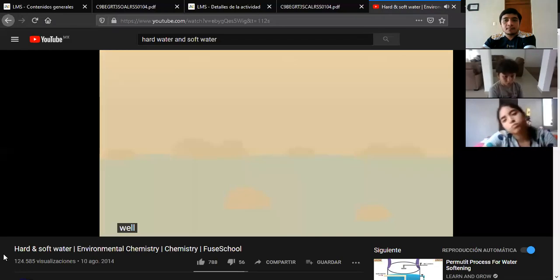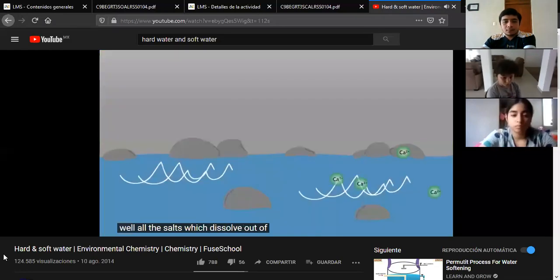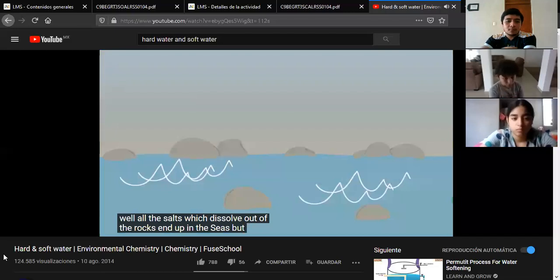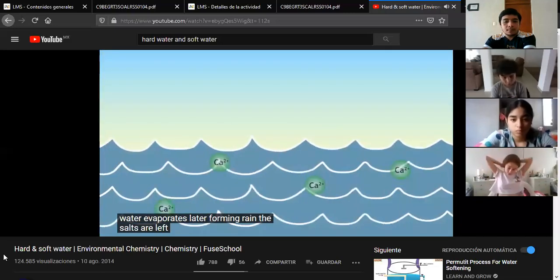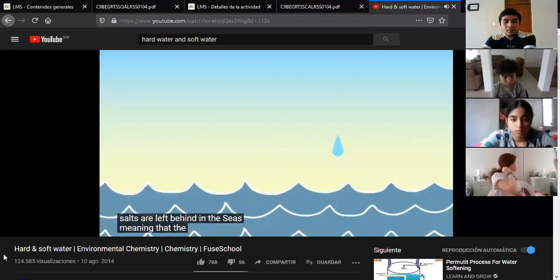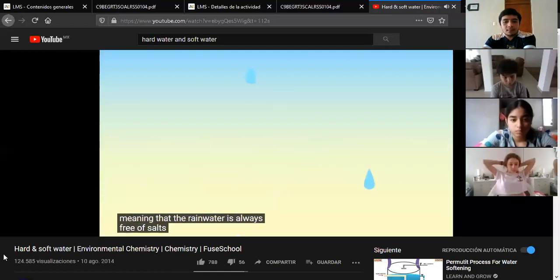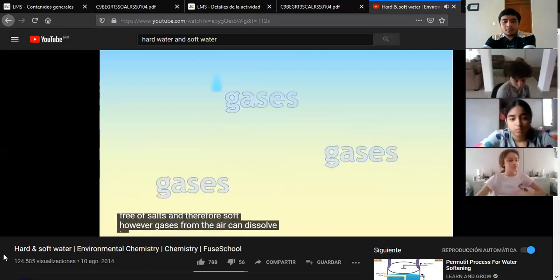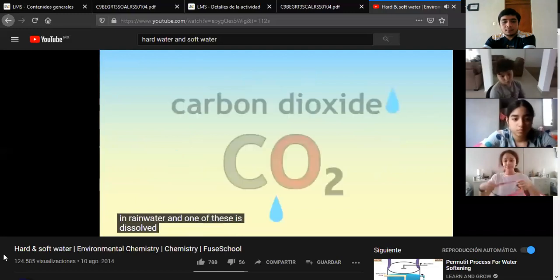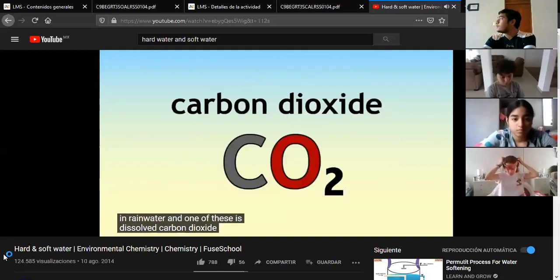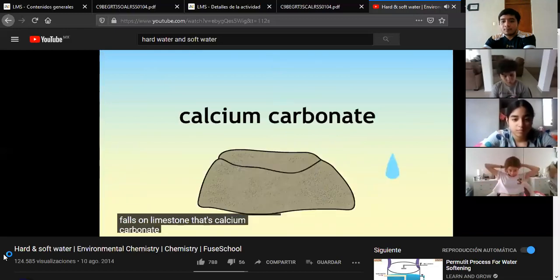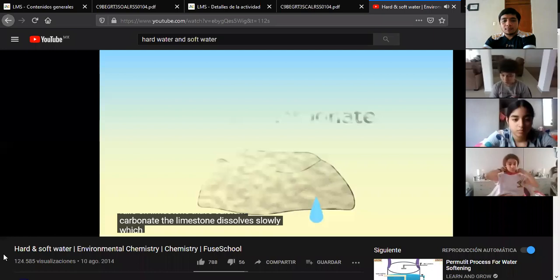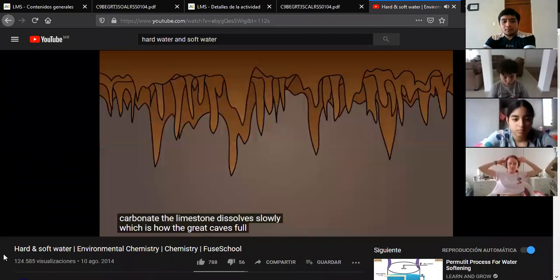Well, all the salts which dissolve out of the rocks end up in the seas, but when water evaporates, later forming the rain, the salts are left behind in the seas, meaning that the rainwater is always free of salts and therefore soft. However, gases from the air can dissolve in rainwater, and one of these is dissolved carbon dioxide. When rainwater falls on limestone, that's calcium carbonate, the limestone dissolves slowly, which is how the great caves full of stalactites are formed.